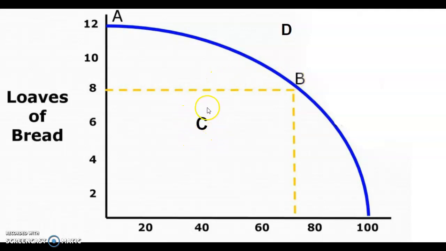If we look here, though, at point C, if we had a point marked where letter C is, this would be underutilization. You would not be using all the resources that you have available. On the other hand, if you look at point D, it is way out here. This is considered impossible because you do not have those resources, so it is falling outside of your PPC.